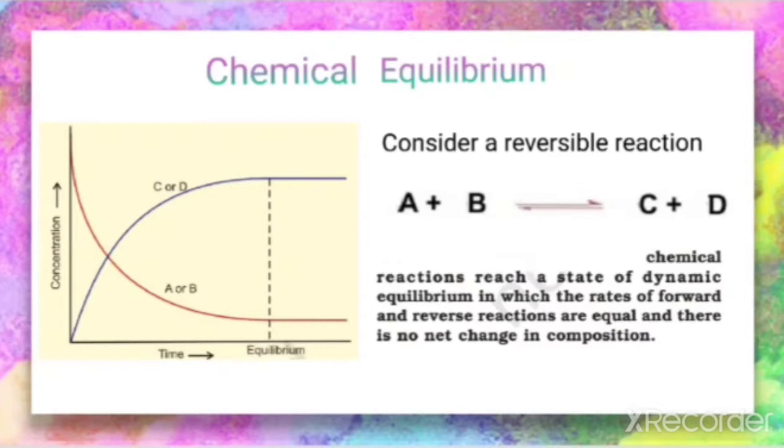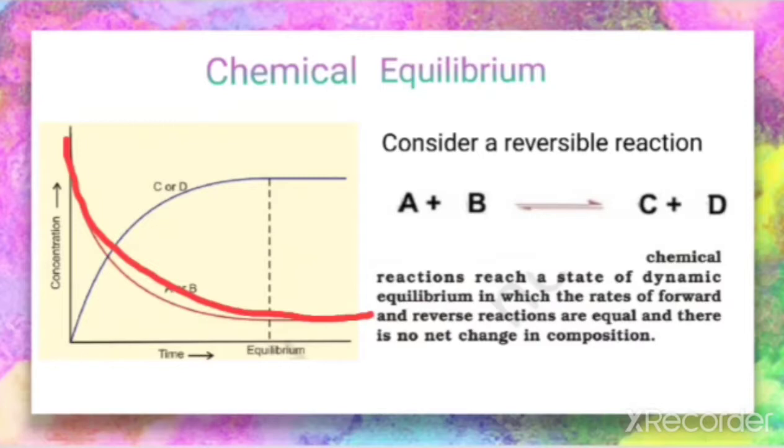That means at 0 time only the reactants A and B are there, at the maximum. So when the process begins, the concentration of reactant decreases. That's why the plot is going down and it becomes parallel after some time. Similarly, the concentration of reactant is decreasing and it becomes parallel after some time.